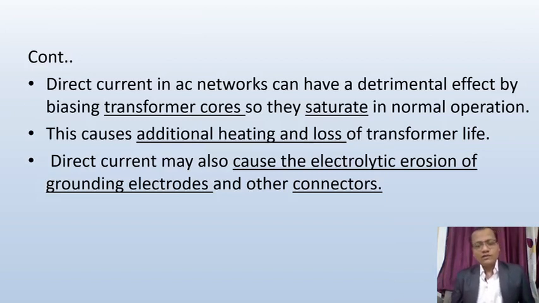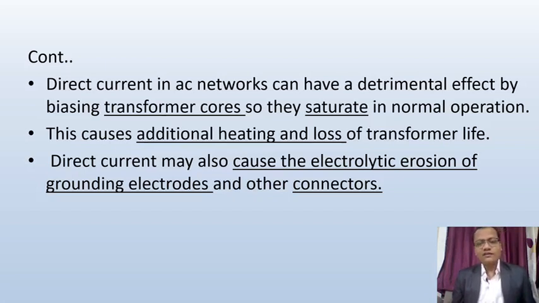As we know, if by any means DC current enters any structure which contains a core and winding structure, in that case the core may get saturated. The same thing happens here with the transformer also.